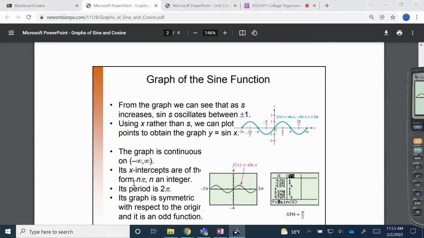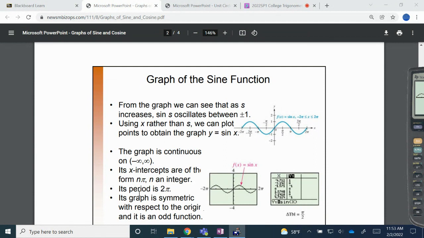So let's just say if we take the integer 0, 0 times pi is 0, and notice that when x is 0, we have an intercept point. Next, you can substitute n for +1. So 1 times pi is pi. So notice that at pi, we have an x-intercept point. So this gives us the form for all of our x-intercepts.